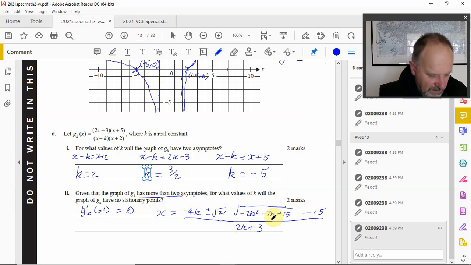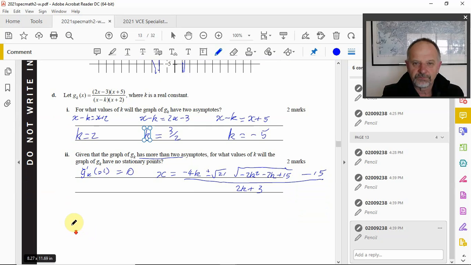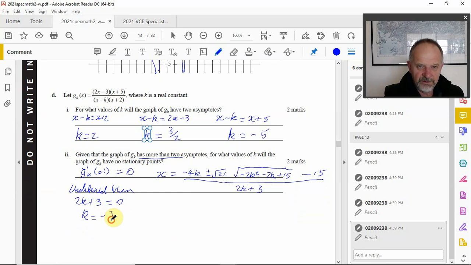Now we need to go, okay, first of all, what do we know? Well, x is undefined when 2k plus 3 is equal to 0, and so that's k equals negative 3 on 2.